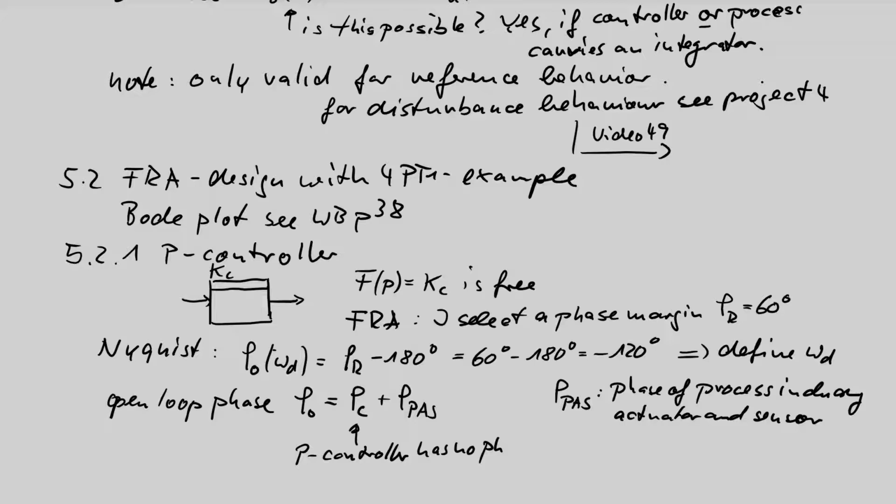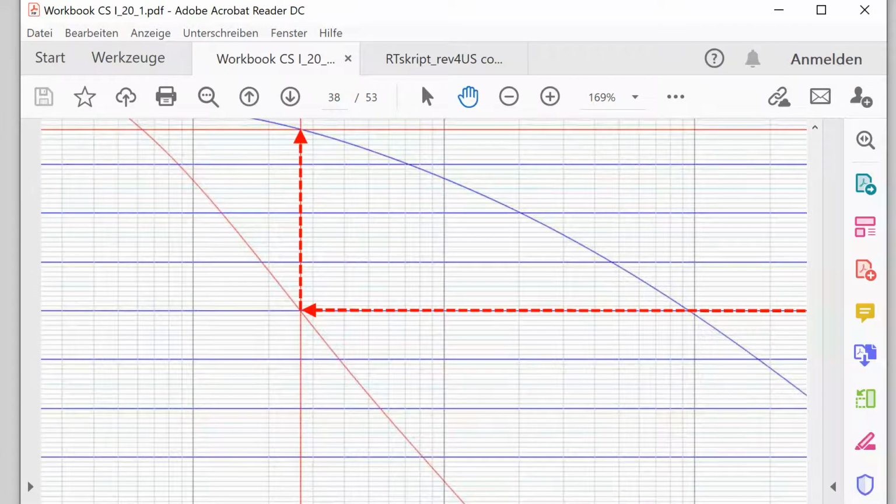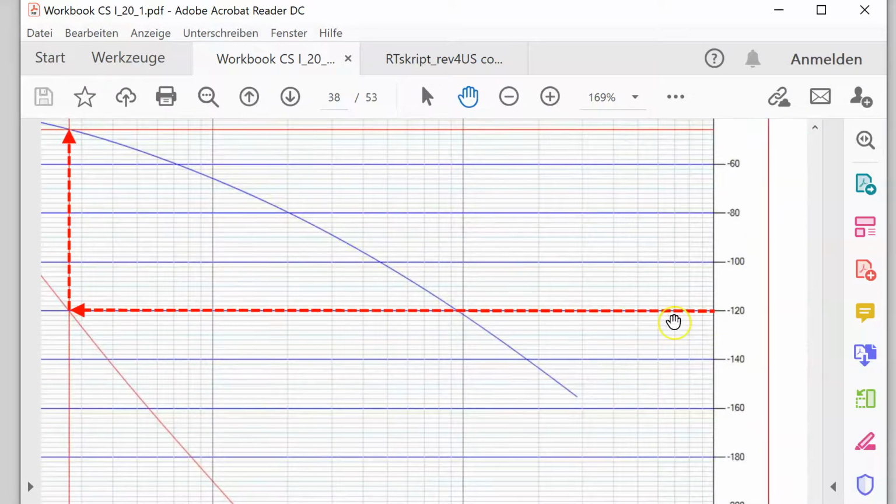So in our chapter 5.2.1, we can say, okay, in this situation, my open loop phase is identical to my measured process actuator sensor phase, and I have to find the point minus 120. This delivers my omega d value. Let's look into my diagram of my workbook, page 38. This is marked here with my red dotted lines.